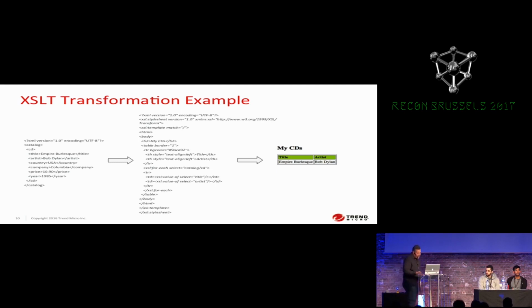If you look at it, it's kind of hard to see, but there is a for-each logic element in here that's going to select every CD that is a child of catalog and then perform processing on it using the value-of XSLT logic element. As a result, you can transform XML-formatted data into HTML and produce this really amazing CD collection HTML page, which everybody loves.